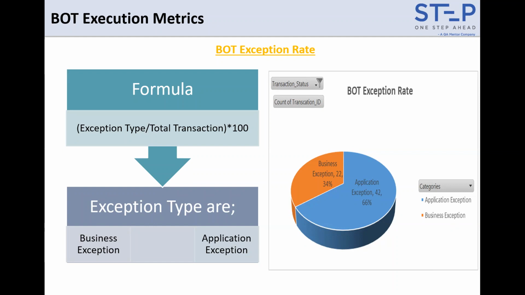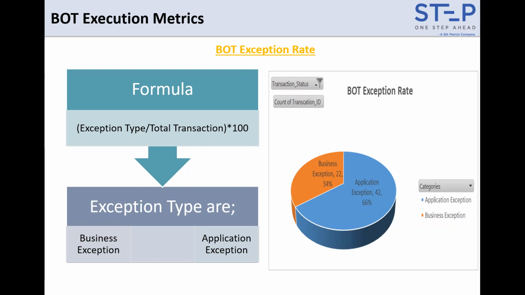Or the business people are not providing the right data to the bot. If we get the exception rate with a business exception, the business needs to look at it at their level. We need to give this clear picture to the customers, so the customer can understand. Okay, the bot failed, but why it failed, we need to put that. So with this bot exception rate measure, we can highlight it to the customer.